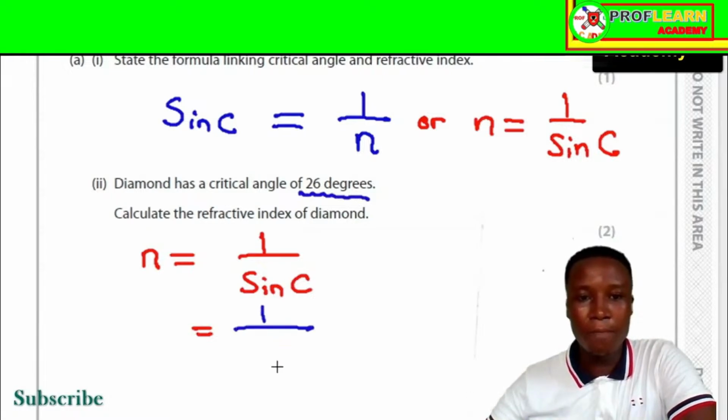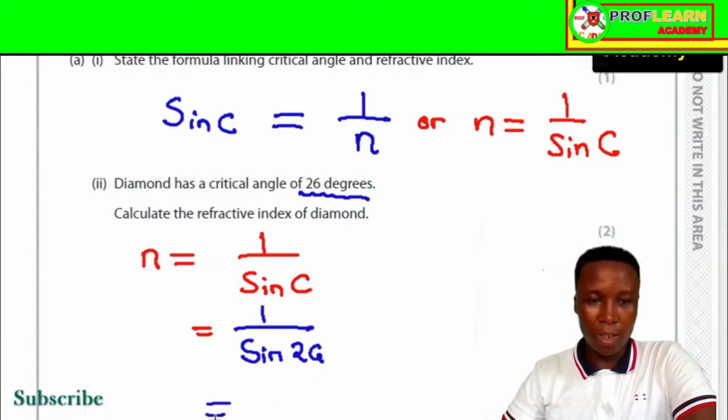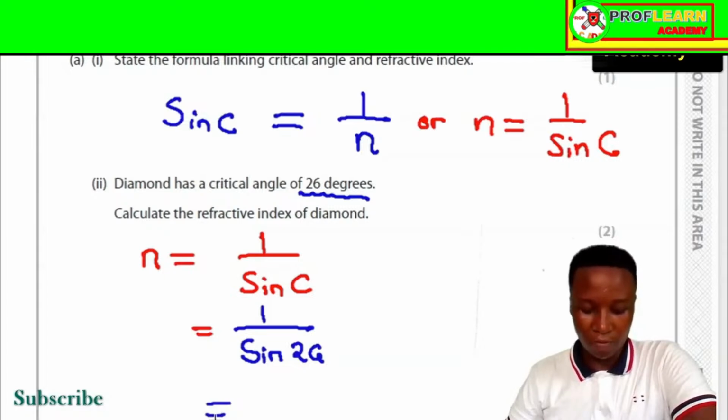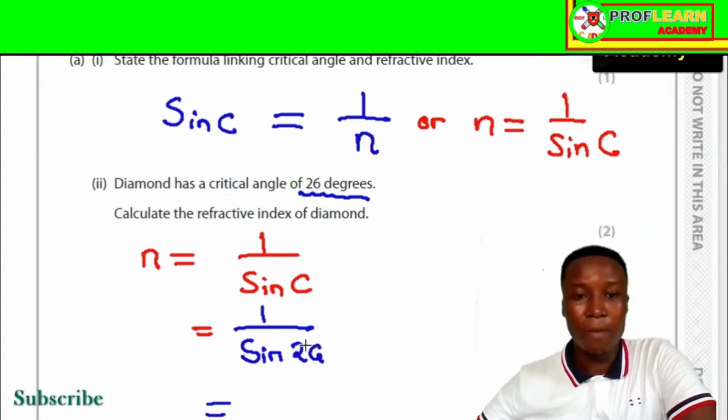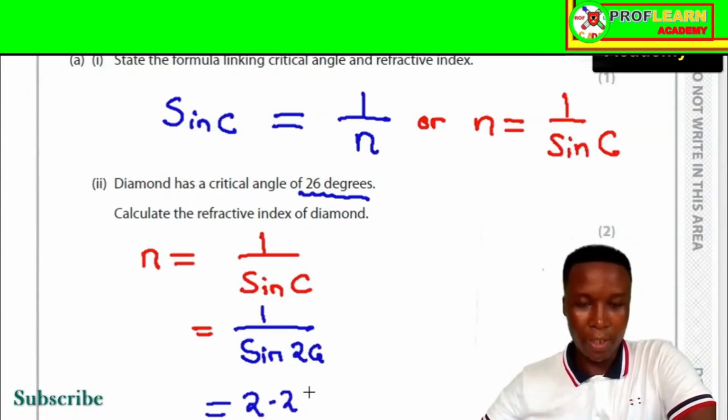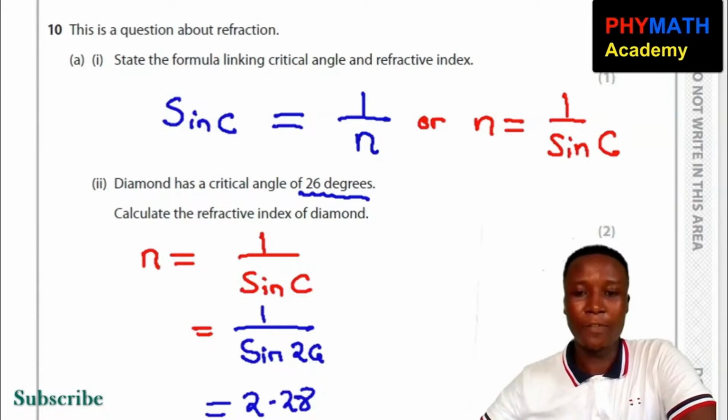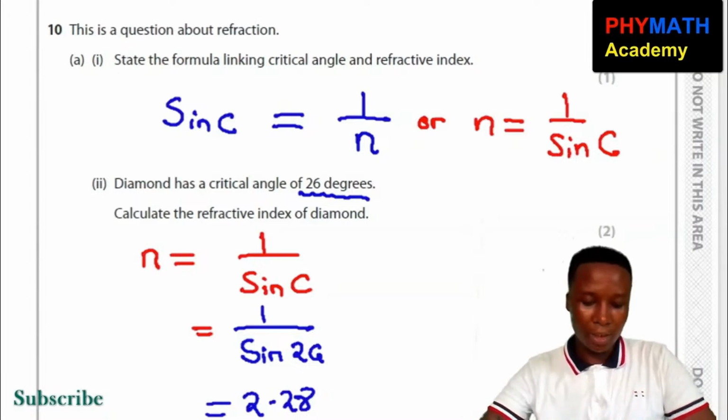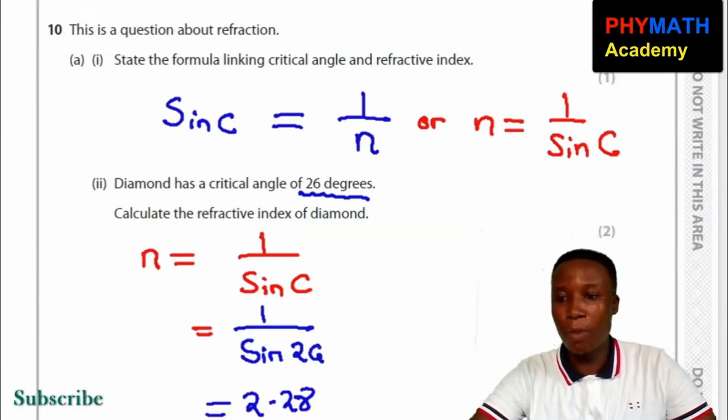So that should be 1 divided by sine of 26, and using our calculator we get 2.28 as the refractive index. So here we were supposed to say 2.28, that is correct to 2 decimal places.